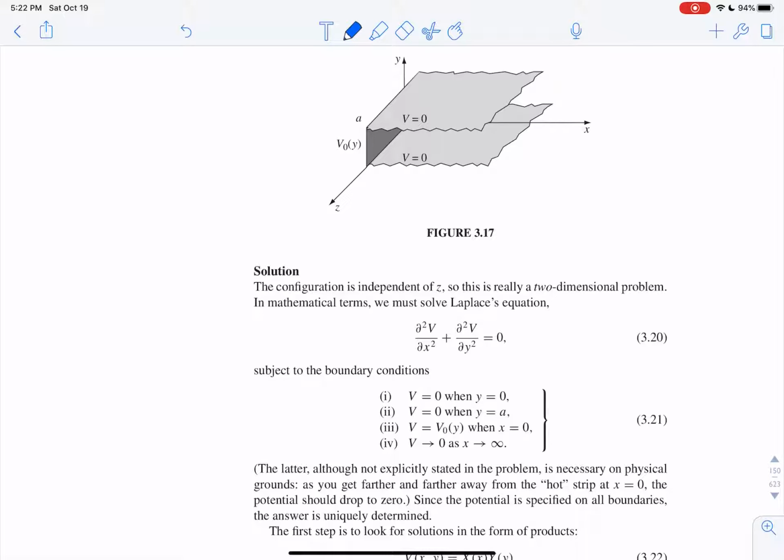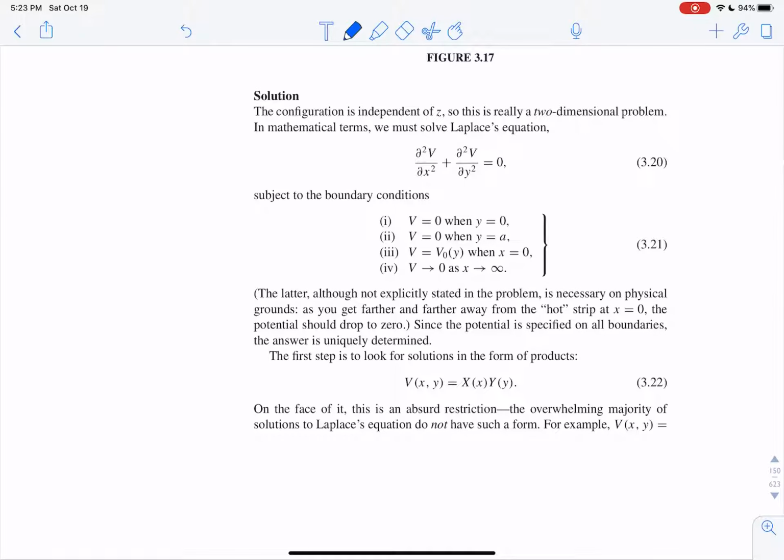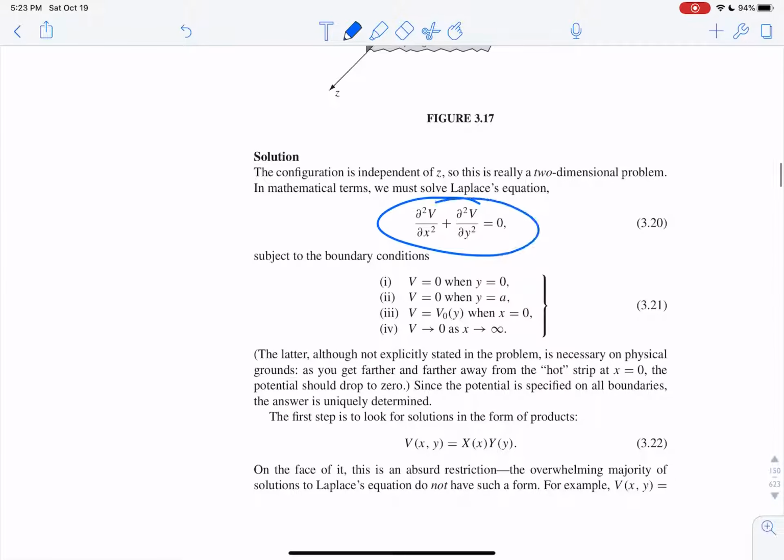And then we also need to make sure that V is V0 when x equals 0, because all along that plane, V equals V0. And then we need to make sure V goes to 0 as x goes out to infinity, because as we go further this way, we get further and further away from V0.